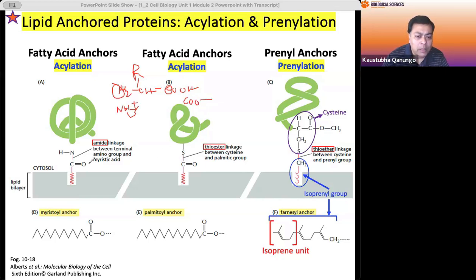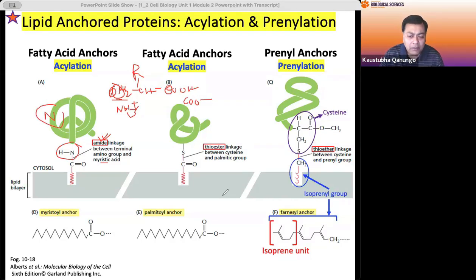So here, what we are looking at is the bond with the N-terminal. It's an amide linkage between the terminal amino group and a myristic acid. So this basically anchors a protein by anchoring it from the N-terminal. So this is your N-terminal anchor.